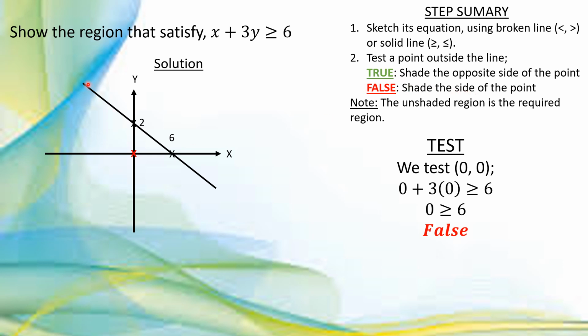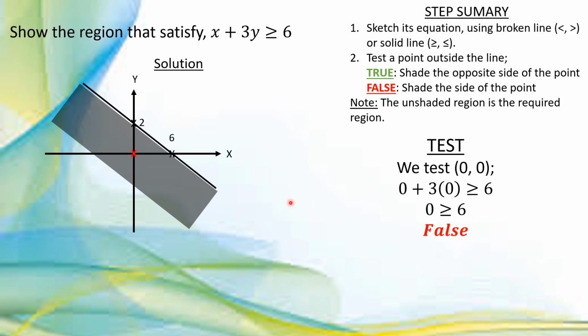Observe that this line has already divided the whole graph into two parts, the lower part here and the upper part here. We made a test at this side of our graph and got false. Therefore, we shade this side of the point. As you can see here, let's shade it.